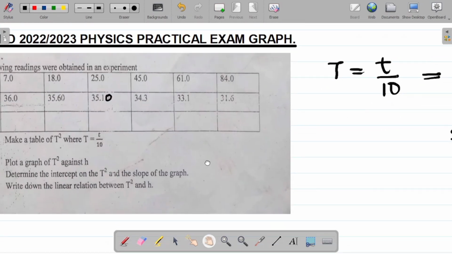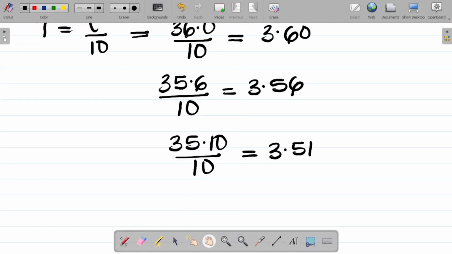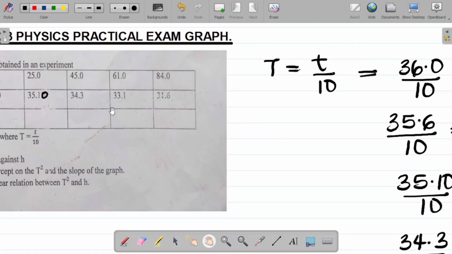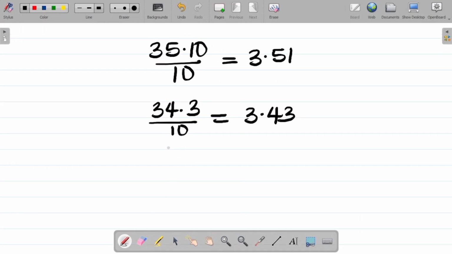Okay, next I have 34.3. So it becomes 34.3 divided by 10, and you have 3.43. Next I have 33.1, so 33.1 divided by 10 gives you 3.31.